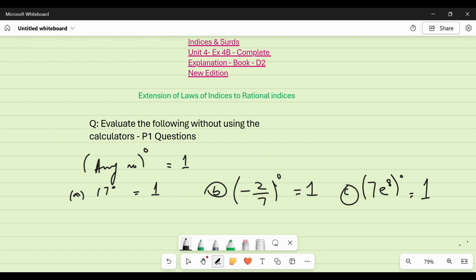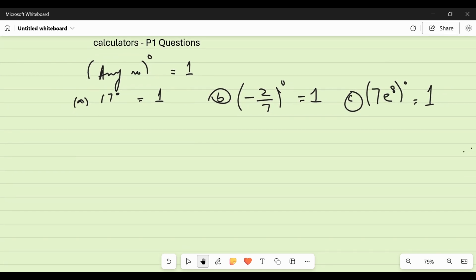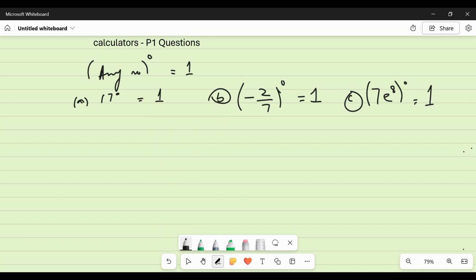Okay, let's solve question 2. This one was question 1. Now question number 2. By the way, the page number of book 2 is 102.